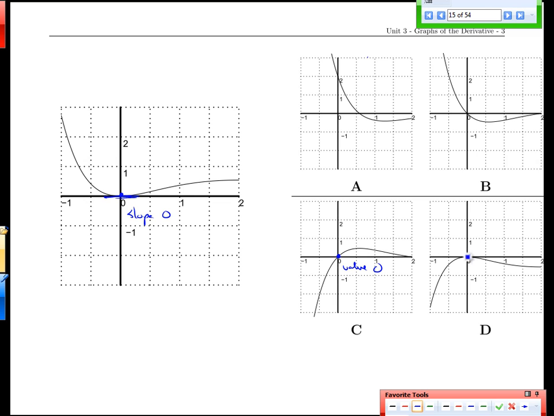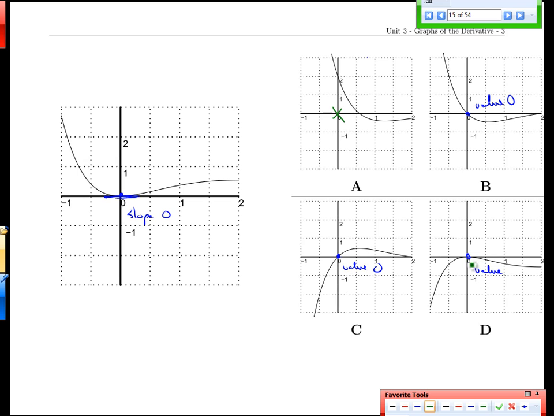And all three of these graphs here share that. This one up here does not. So this graph here has a value of 2. What we need to see at x equals 0, what we need to see on this graph would be a slope of 2, and we don't see that. So that rules out the graph A.